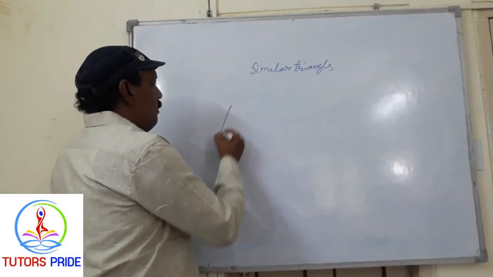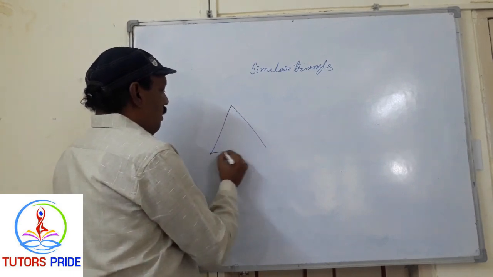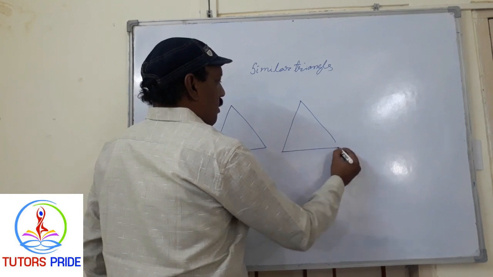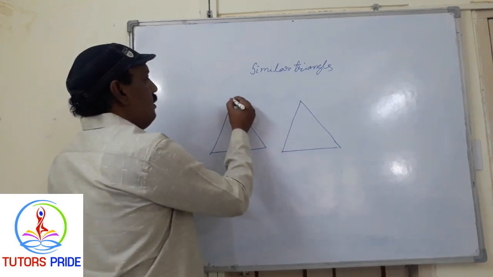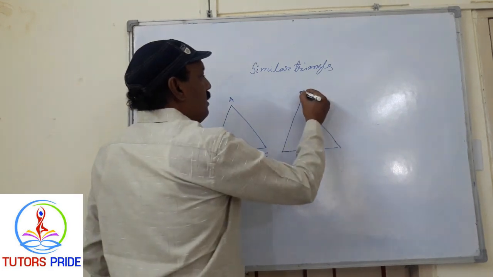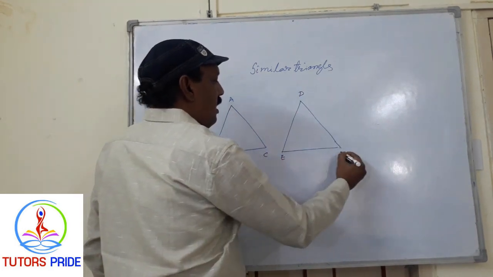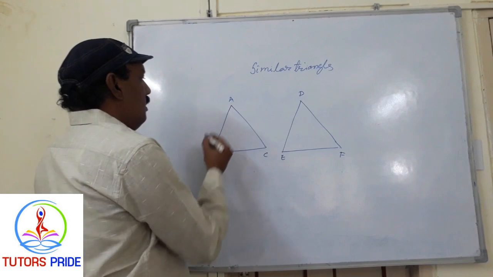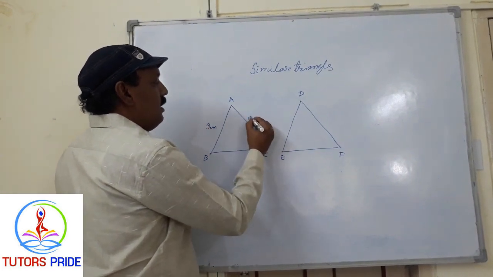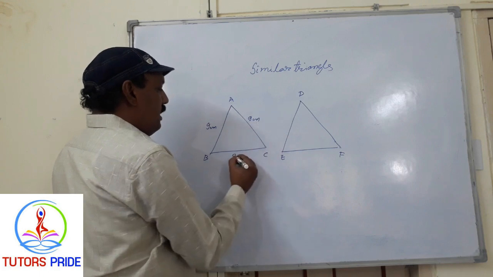Suppose I give one example. You can see two triangles here: triangle ABC and triangle DEF. In ABC, AB is 9 centimeters, AC is 9 centimeters, and BC is 9 centimeters.